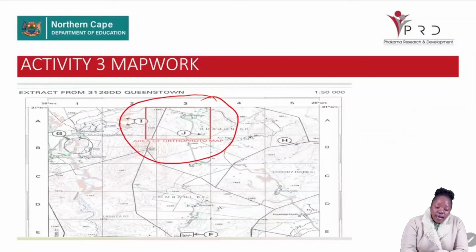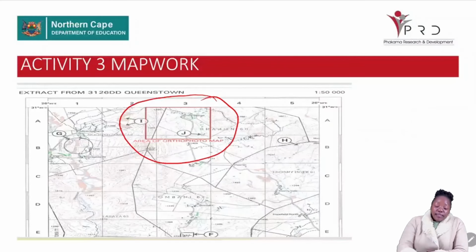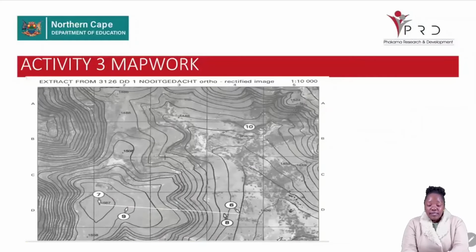So this whole area is small on the topographic map. Why? Because it has been reduced 50,000 times. This small block is equivalent to the whole orthophoto map, because the orthophoto map has only been reduced 10,000 times. So whatever is on the orthophoto map is located in that box. Now we need to calculate that area.